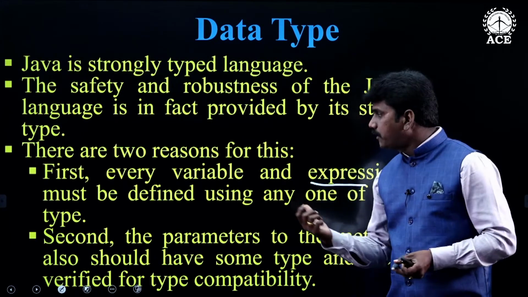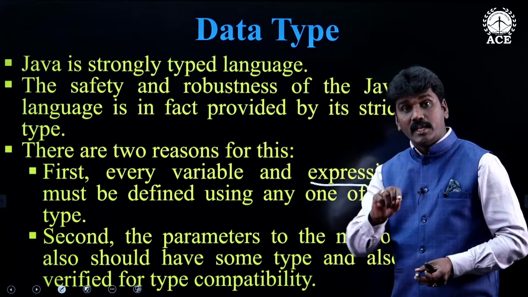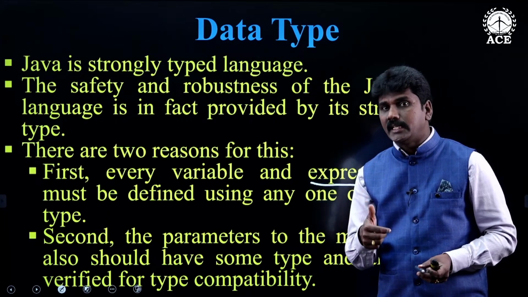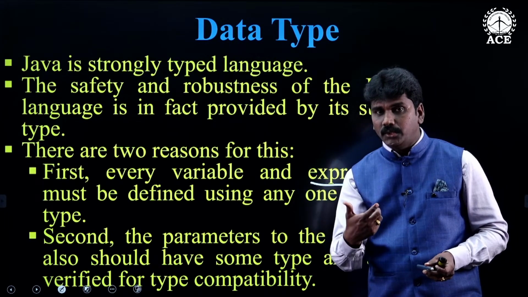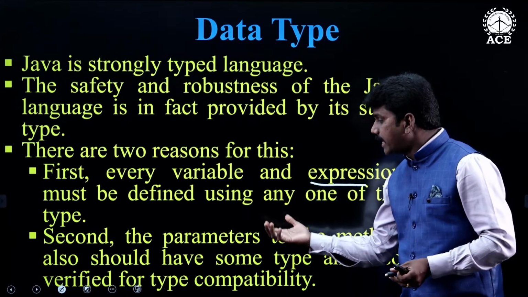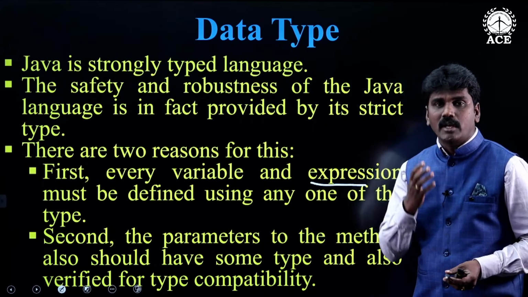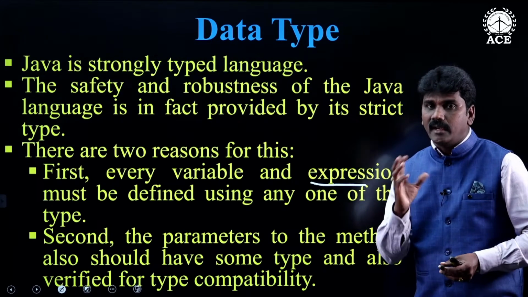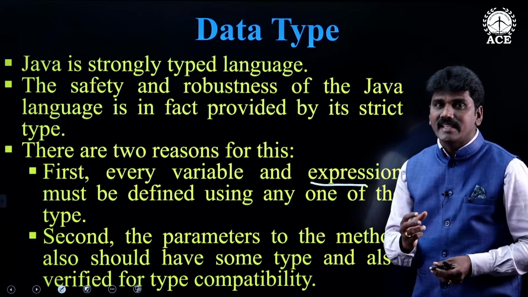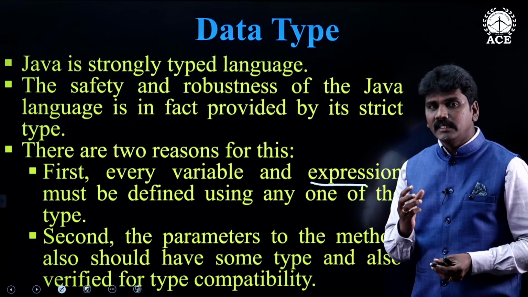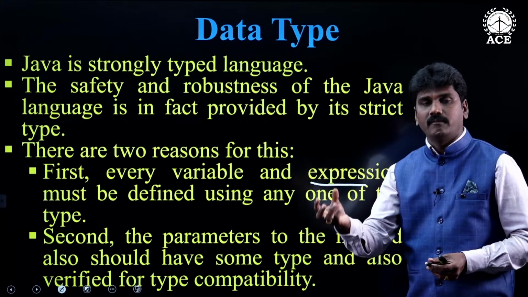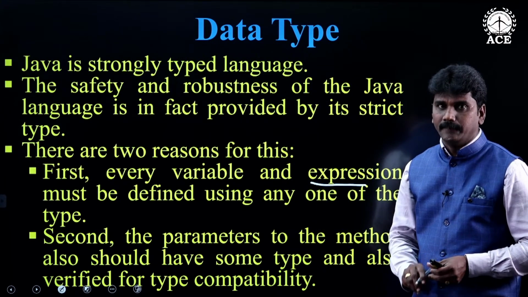But the first one, what we have discussed is that a variable contains a data type, and if the expression is evaluated, whatever result it gives us will also contain one type. And the second one, if we have used one method and the method contains some parameters, in that case also the parameters will be defined with the data type only, right?